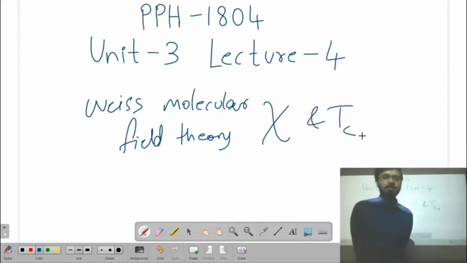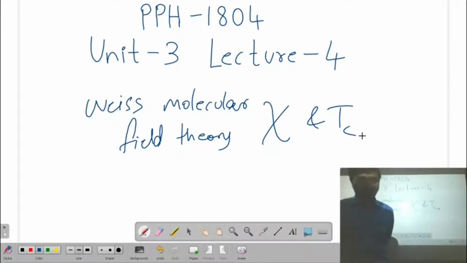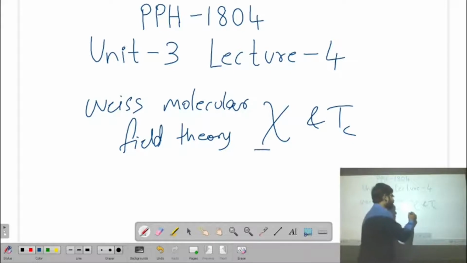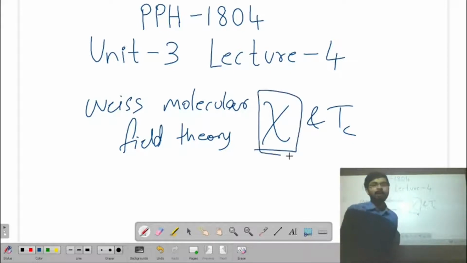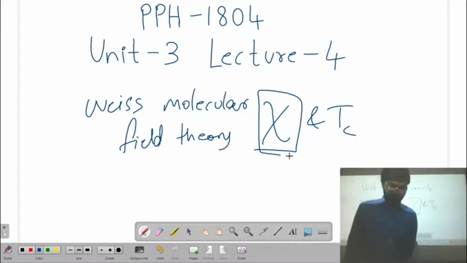We have obtained the relation between chi and Tc, that is chi equals C by T minus Tc. So, how the magnetic susceptibility changes with respect to temperature of a material, that we have already studied, and we have seen some graph in that theory.